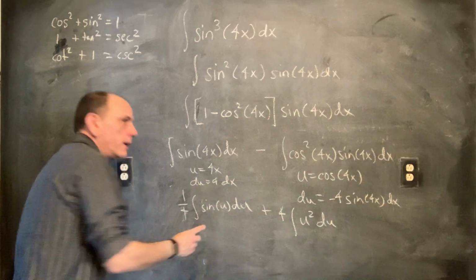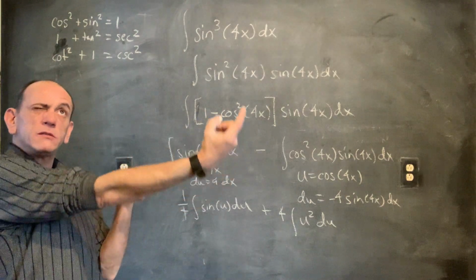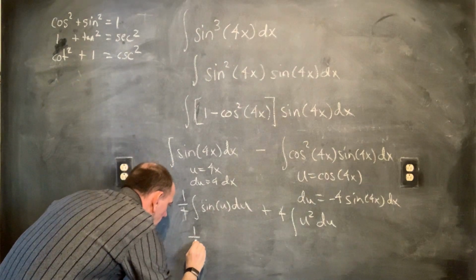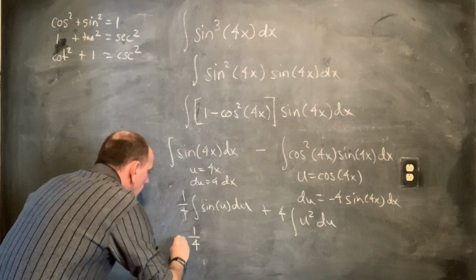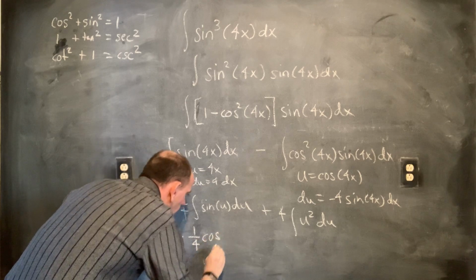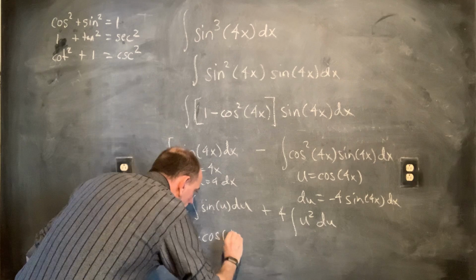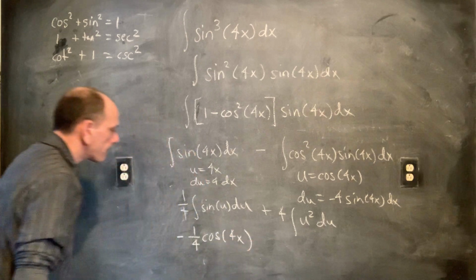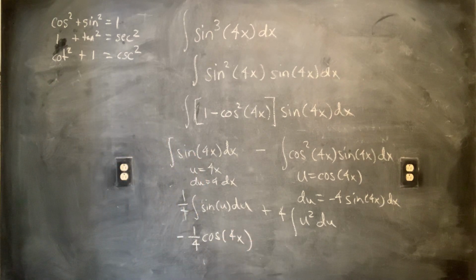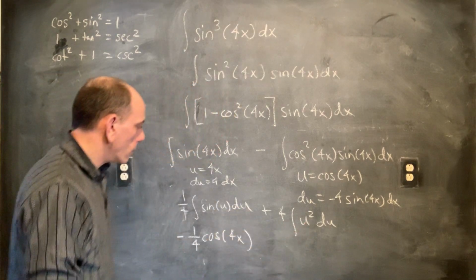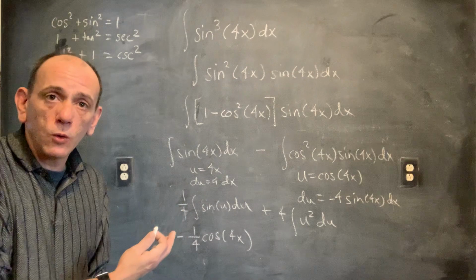So that's power rule. Nice. So integral of sine negative cosine, it'll be negative cosine of u, and let's just back sub our u here to save us a line, 4x. And here we've got power rule, so it'll be 4u cubed over 3.